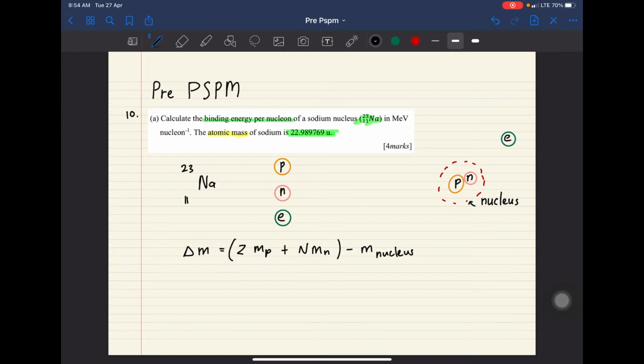First you have to identify the number of proton, neutron, and electron. They give you 23 and 11.